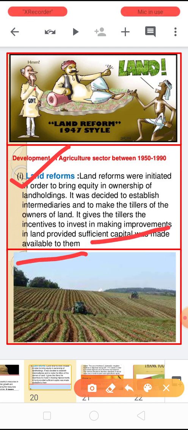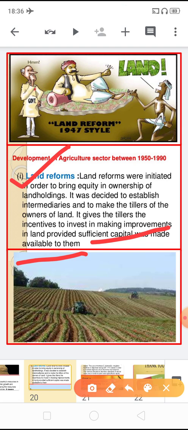Previously, in the British colonial rule, the zamindars exploited the tillers of the soil, that is, the farmers. They gave them some money at a high rate of interest, and they seldom shared the cost of production, whereas they were keenly interested in taking a major share of the crops and increasing the rent after a certain point of time.